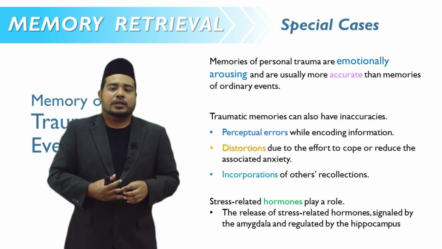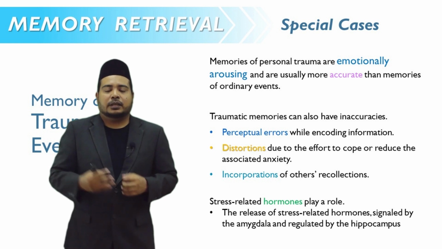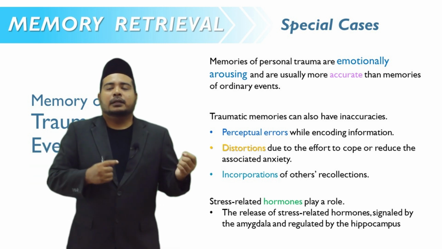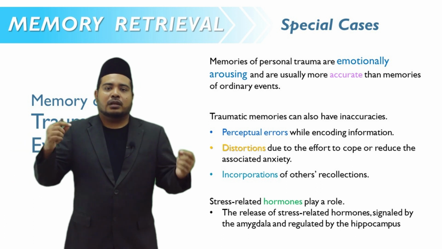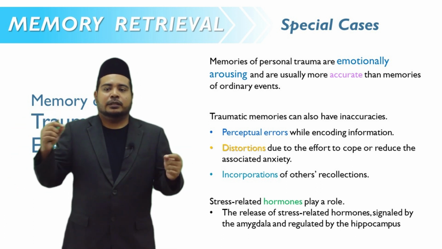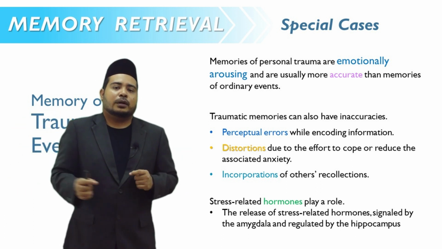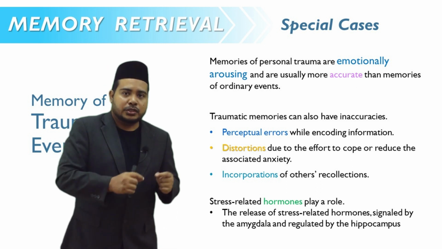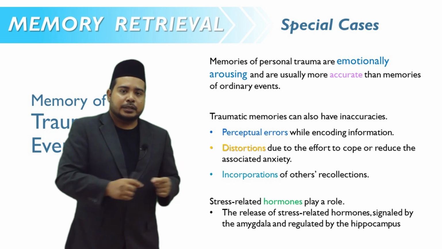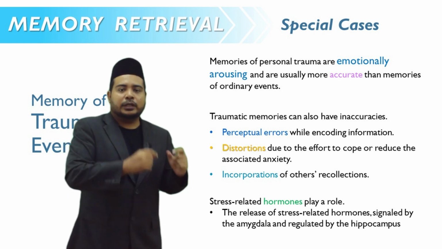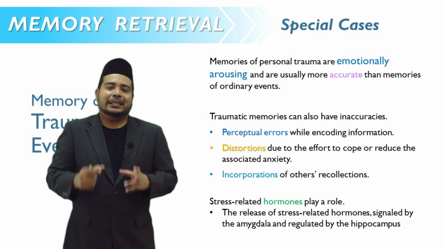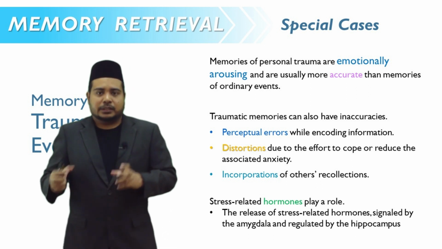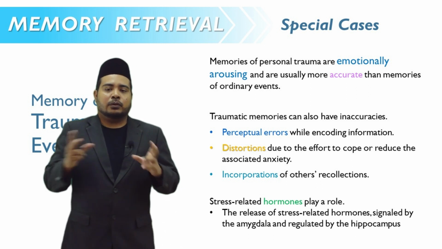And incorporation is of others' recollections, because of available cues, available situations that might happen again. So our interpretation, our encoding of those events might be inaccurate. It's not really accurate in its entirety.